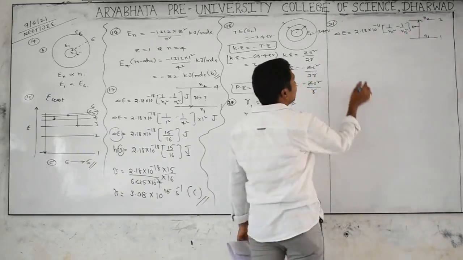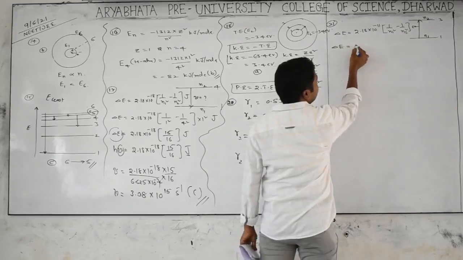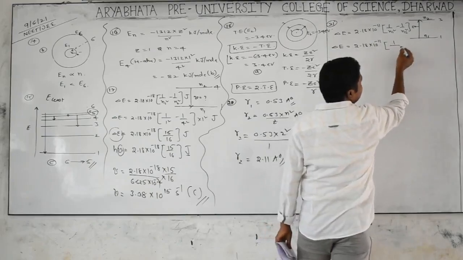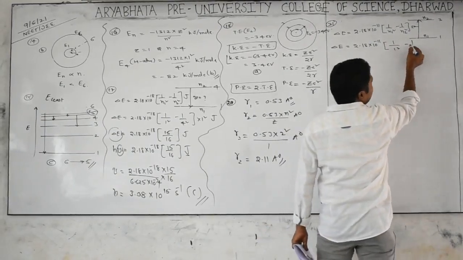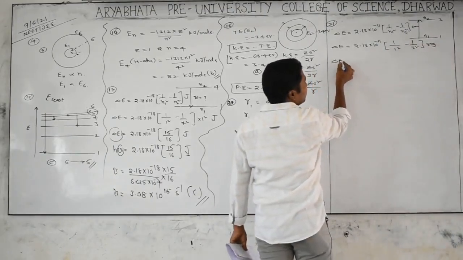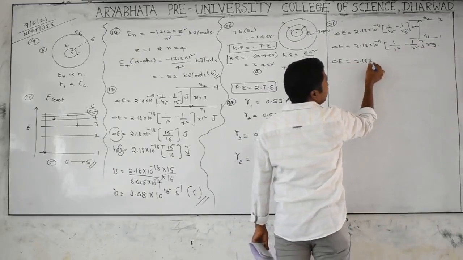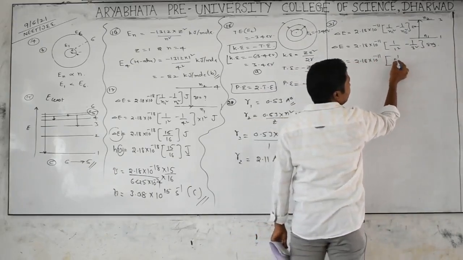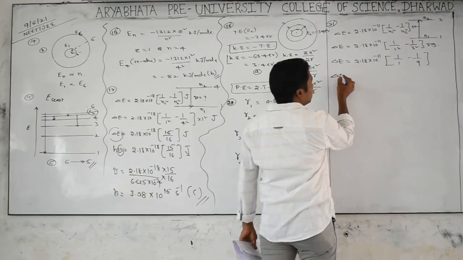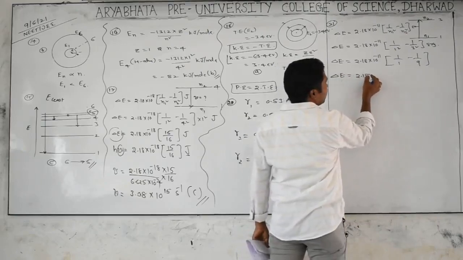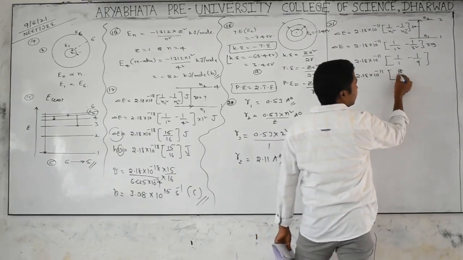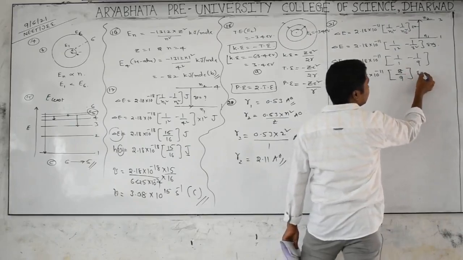Then delta E equals 2.18 into 10 to the power of minus 11 into 1 by 1 square minus 1 by 3 square ergs. Simplify: 1 minus 1 by 9, LCM is 9, so 9 minus 1, 8 by 9, into ergs.